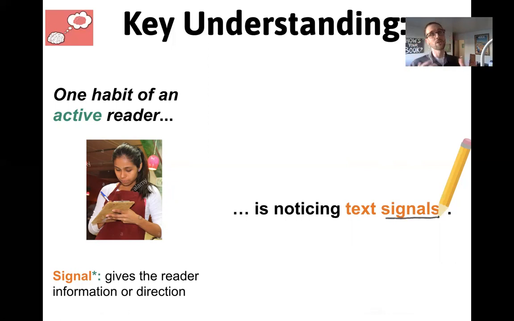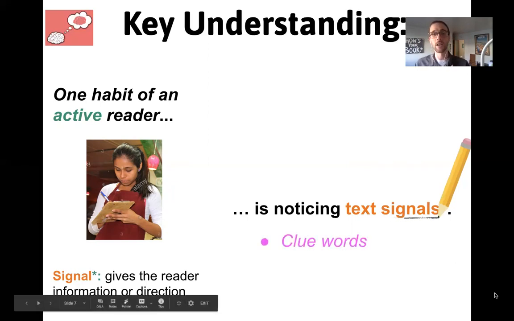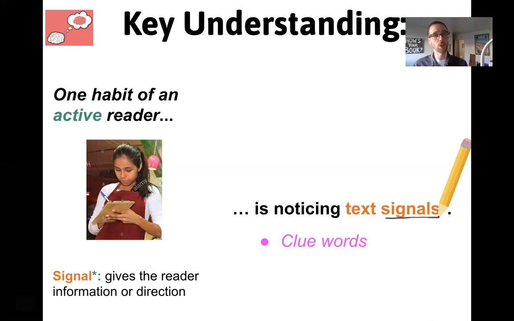Now, signals usually take three different forms, and we're going to take a look at each of these three today in this video. The first way a text signal might arise is through clue words. These might be transition words, or they might be even phrases that kind of tie a sentence in a particular structure. The second is punctuation. Things like dashes, commas, periods, and other punctuation marks can be huge signals that give a lot of information and direction to the reader.